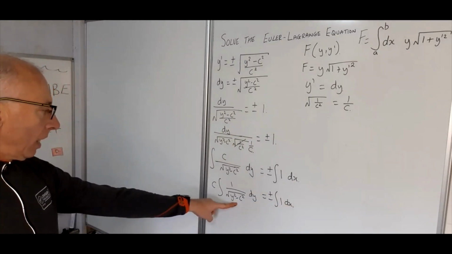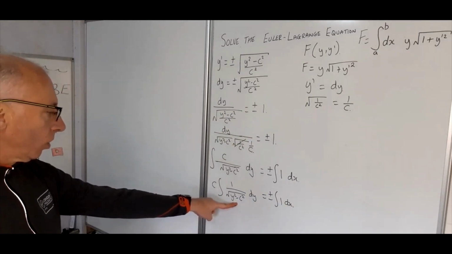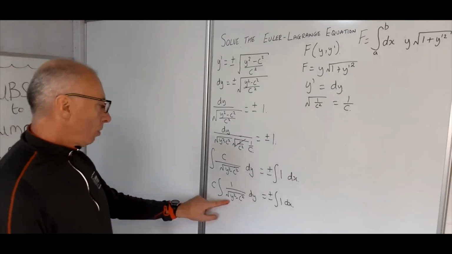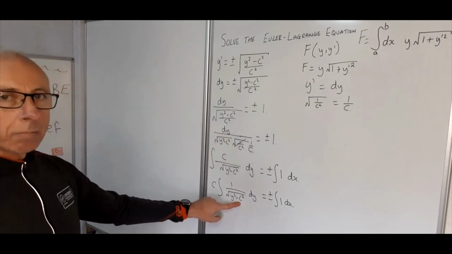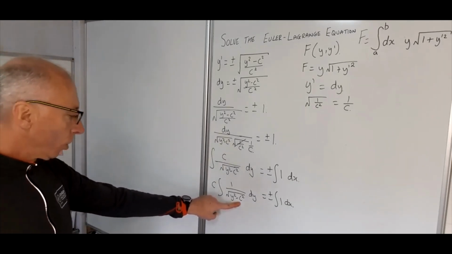Now this one is a famous integral, it's got two forms. So square root of y squared minus c squared, we've got a choice.